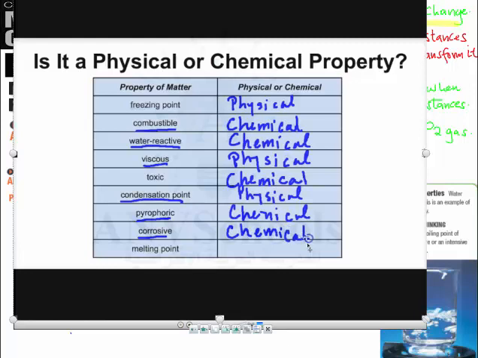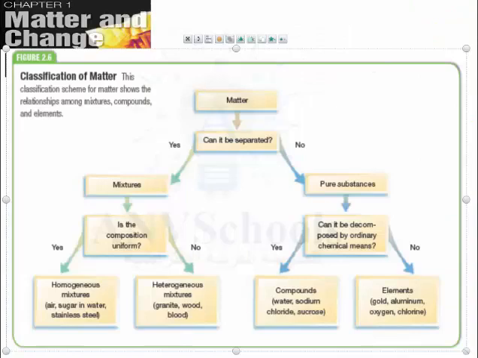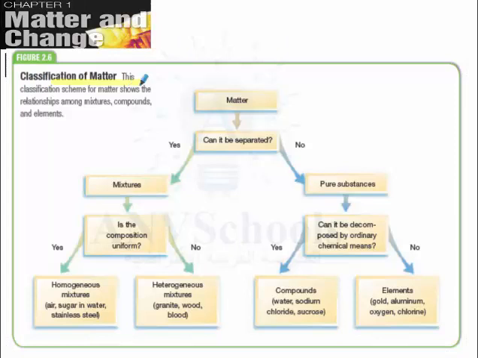From here we will go to a table so that we try to iron a few points out. Clearly from the table that we have here, we are going to see the classification of matter.